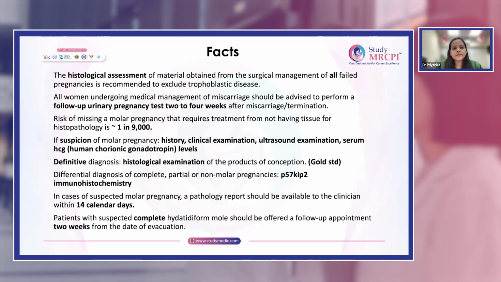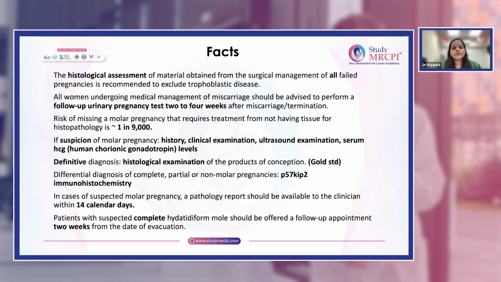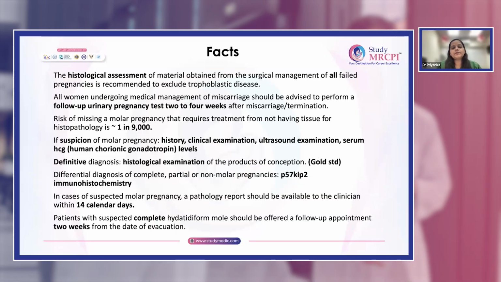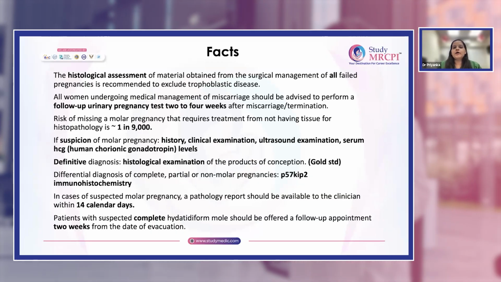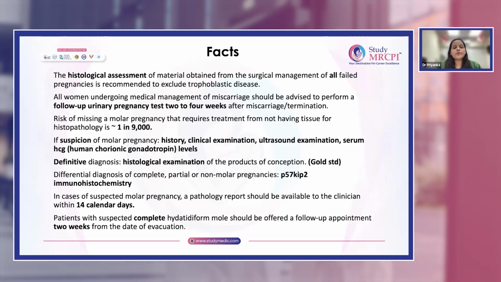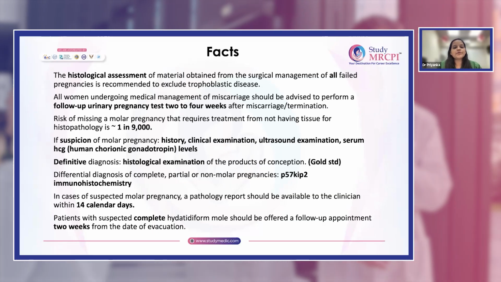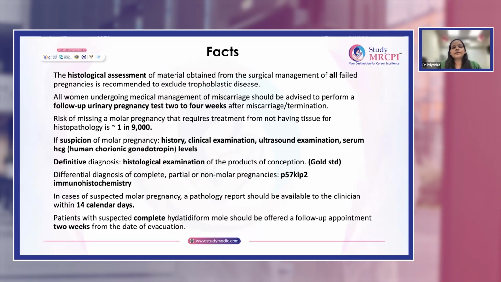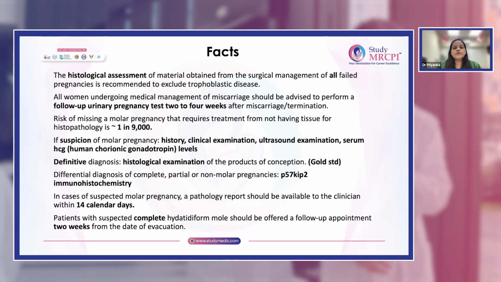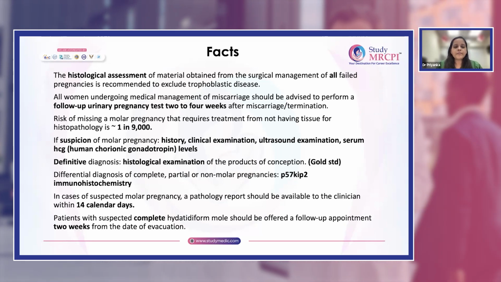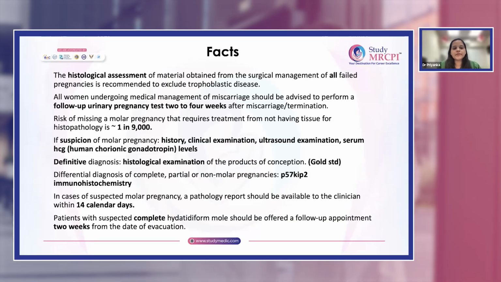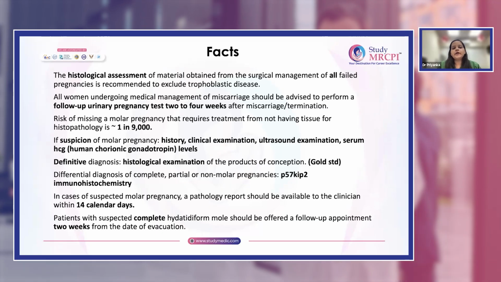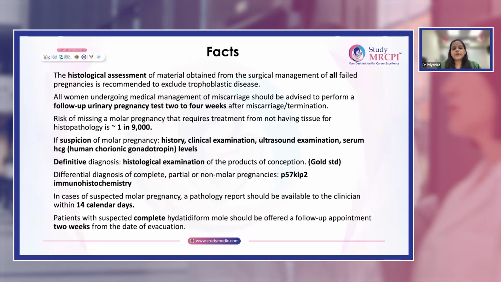When we have a suspicion of molar pregnancy in a patient, like any ultrasound findings, or if the period of amenorrhea is more than the last menstrual period suggests, or if there is bleeding per vaginum, we should take a proper detailed history. We should ask if there is any passage of vesicles, especially in previous history, because recurrence is also present in molar pregnancy, and about other symptoms, any pain.